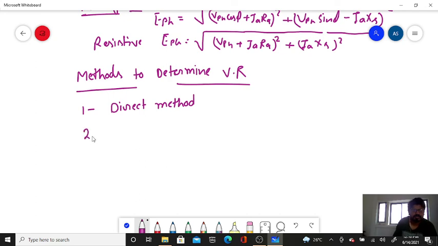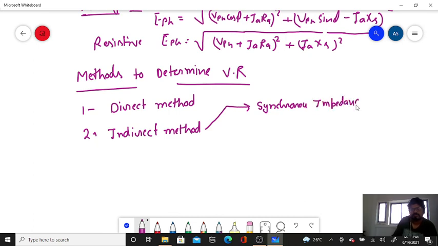The second category is the indirect method. In the indirect method we have many methods. First we have the synchronous impedance method, or you can say EMF method.